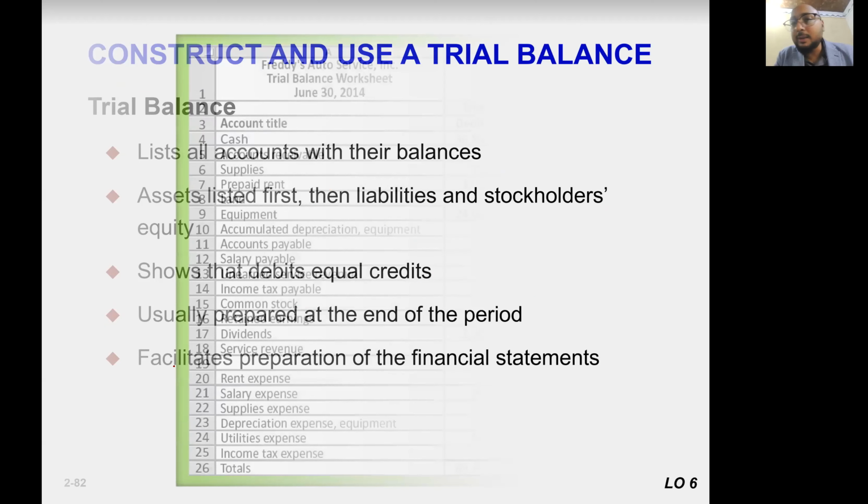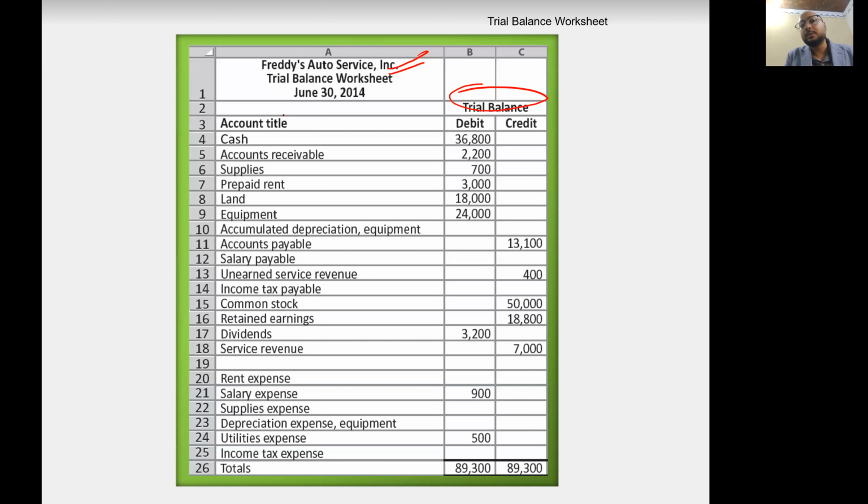So how are trial balances made? This is the trial balance, company name. So the title, first you write down all the asset accounts, according to their liquidity, current assets first, long-term assets here. And then liability accounts: payable, payable, payable. Unearned revenue is also a liability.